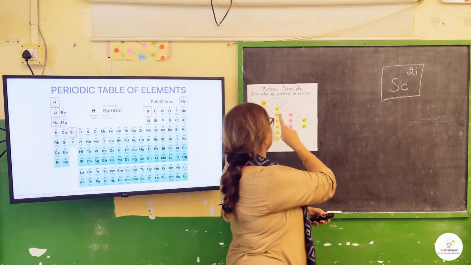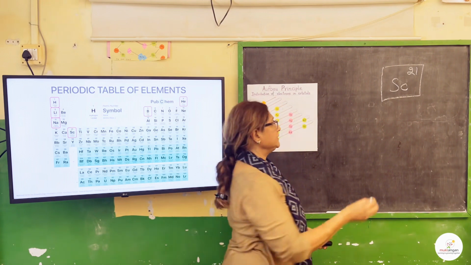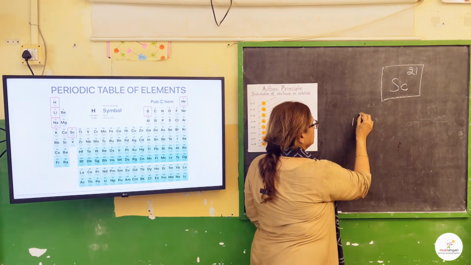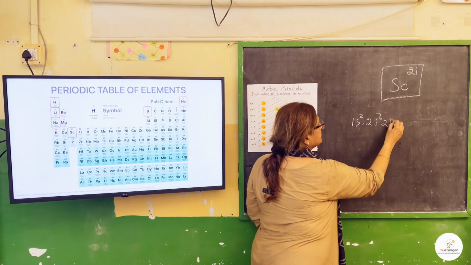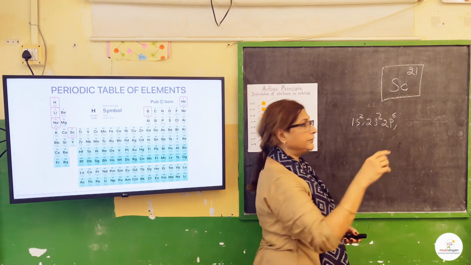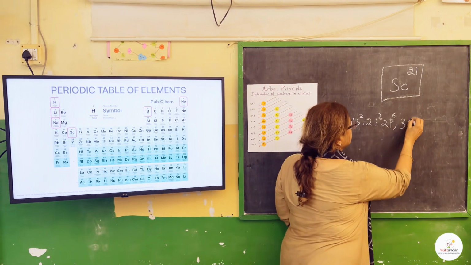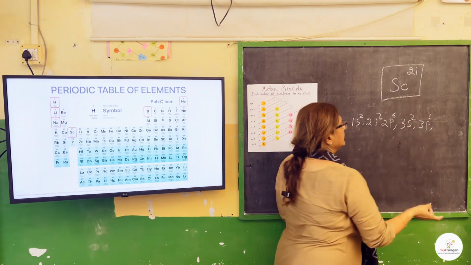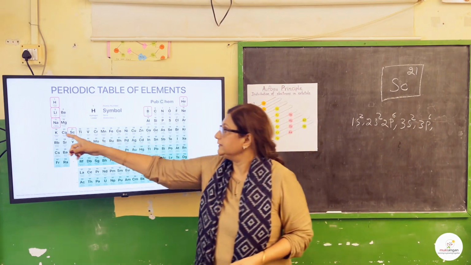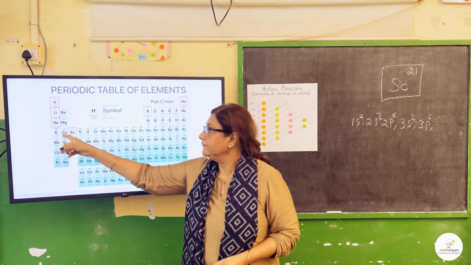So we start, as Aufbau's principle says, from 1s2, 2s2, 2p6, then we move on to 3s2, 3p6. Then we come to the next level, that is period 4.